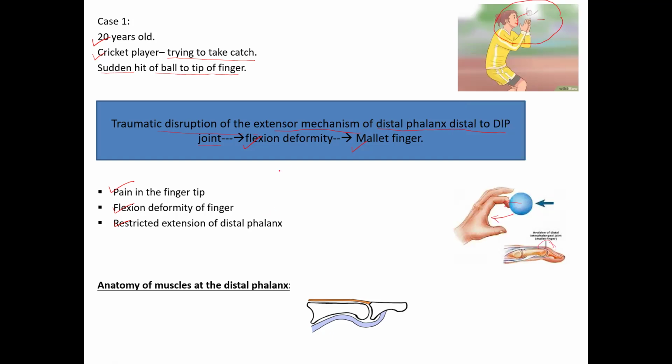Before understanding what exactly this is, we need to know a little anatomy of the phalanx. If you see, this is the middle phalanx, or I'll write it as MP.